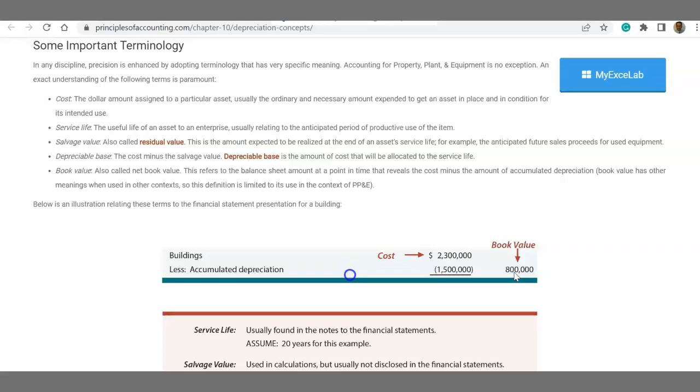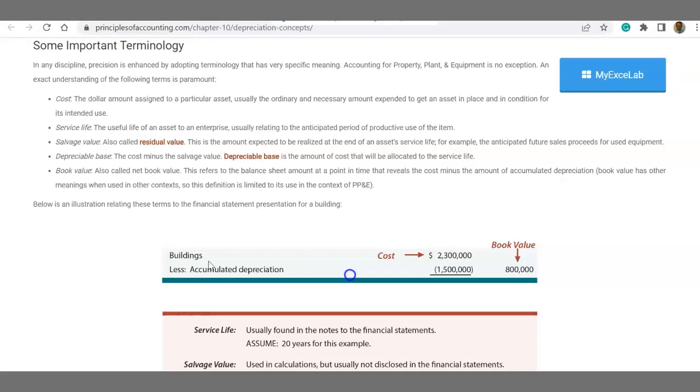So above 800, you have a gain. Below 800, if sold, it will be a loss. Remember, when you buy a building, it is land and building combined. So in that case, you have to appraise the land separately and put it in the T account for the land, and then appraise the building separately and put that in the building area.